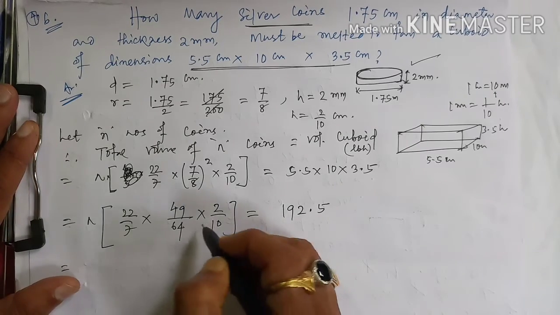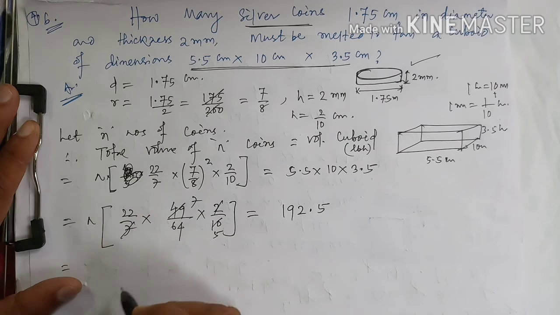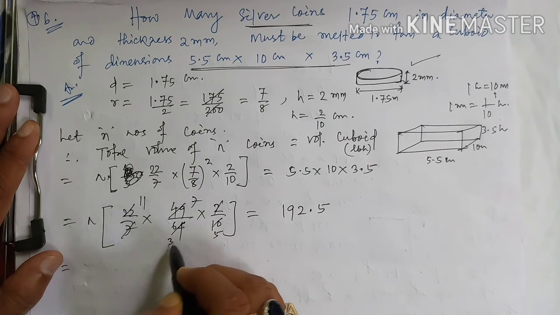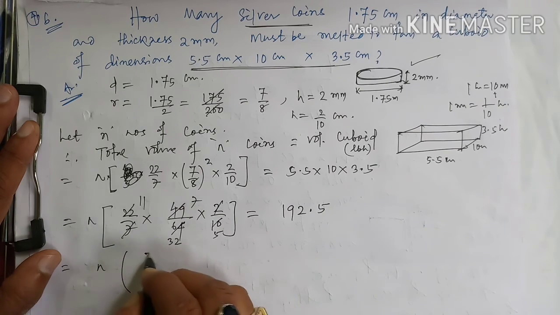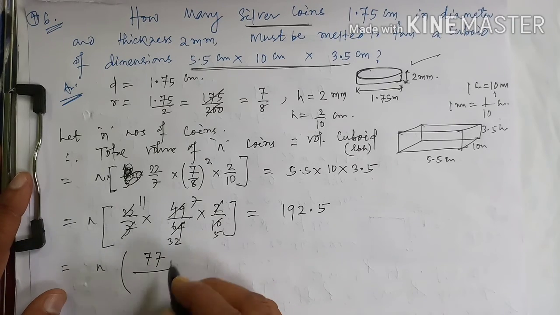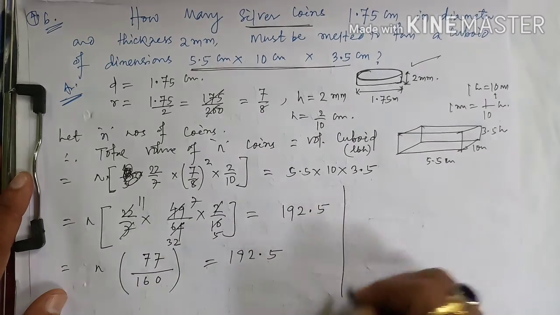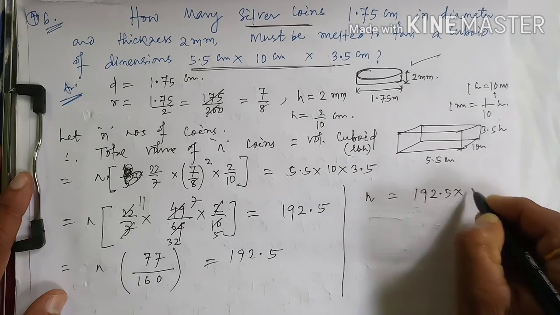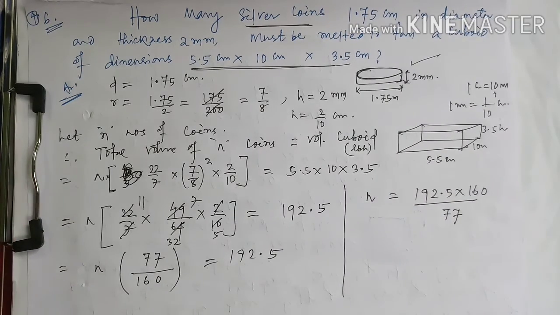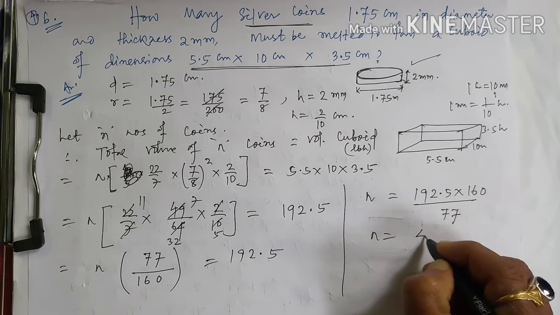So cancelling this term, n equals 192.5 into 160 divided by 77, which is equal to 400.